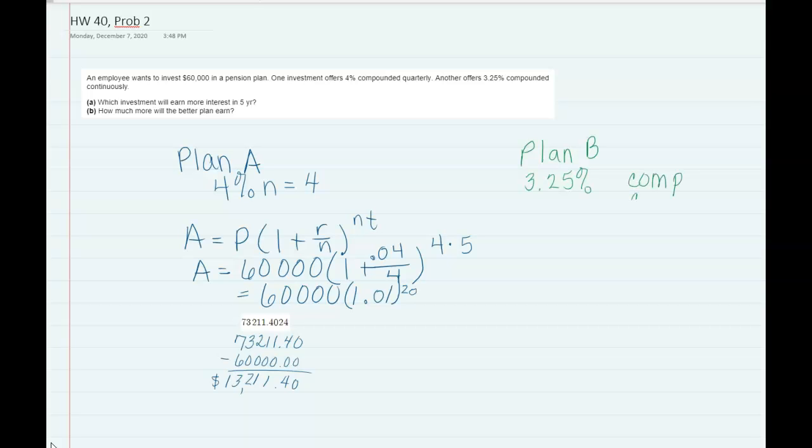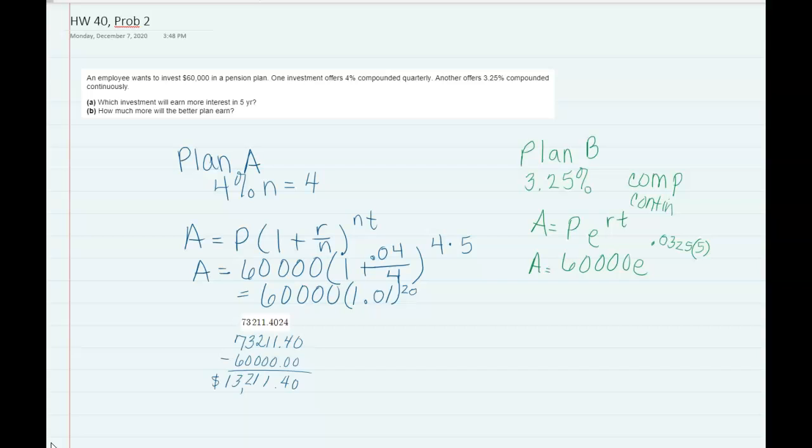So remember that when you have compounding continuously, we can use the equation A equals P e to the rt. So A is what we're looking for. P is our 60,000. e to the r, our interest rate, is still going to be in decimal form, so 0.0325. And then t is still going to be our 5 years.